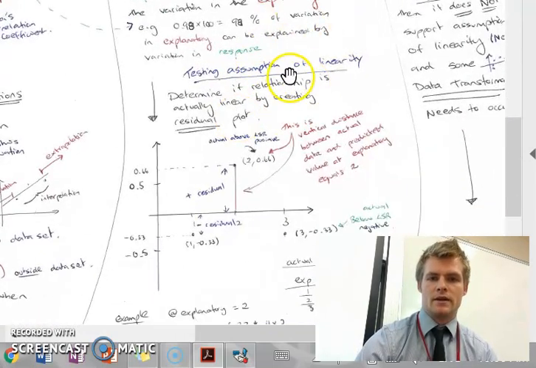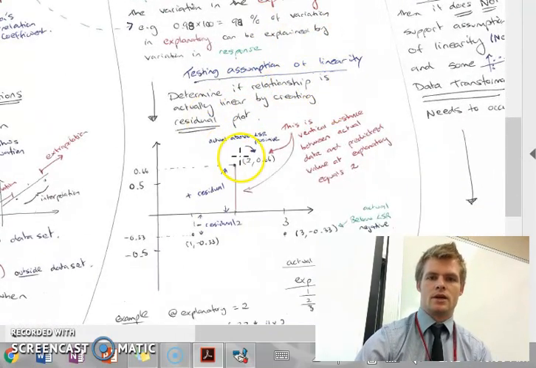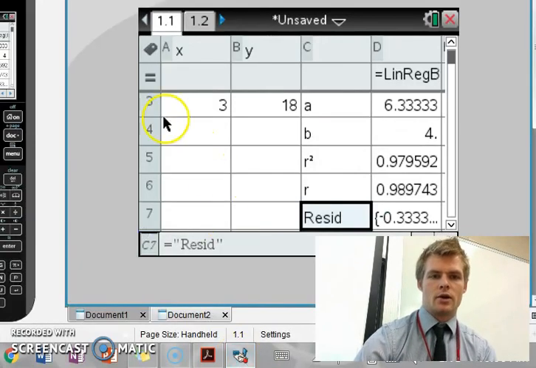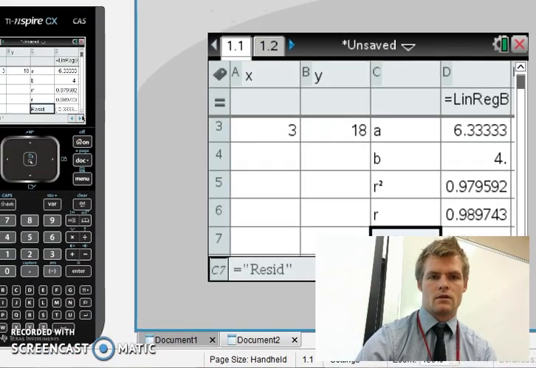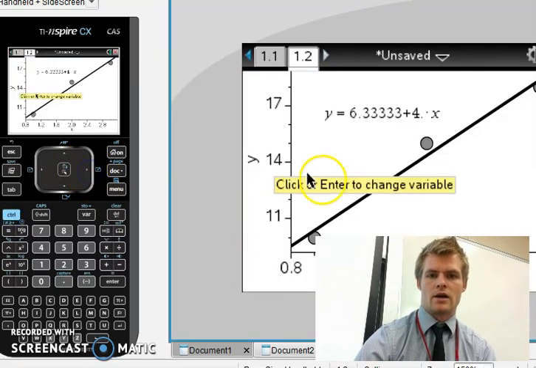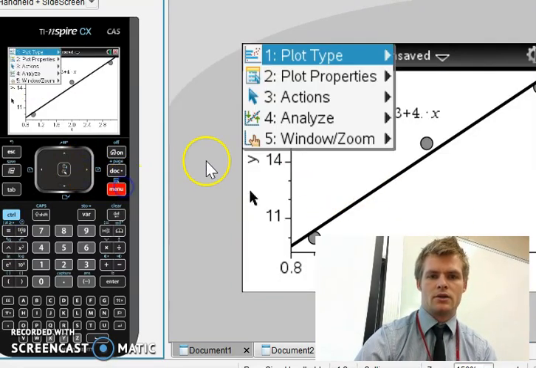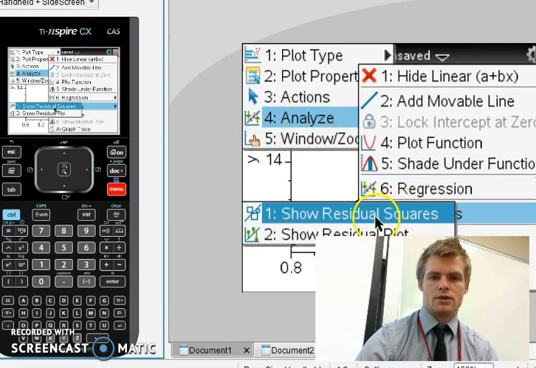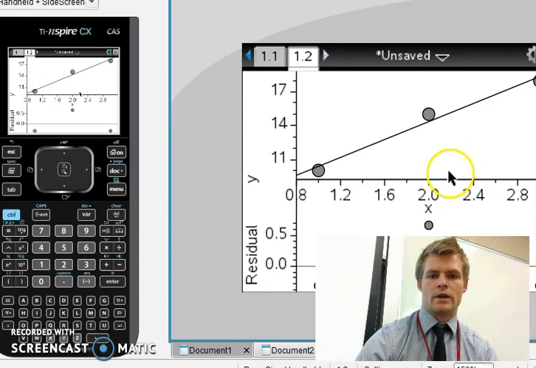Testing the assumption of linearity, you need to do a residual plot. Let's do it with the CAS. Go back to your page with the graph, and we go menu, analyze, residuals, show residual plot.